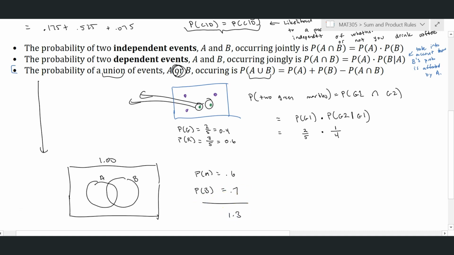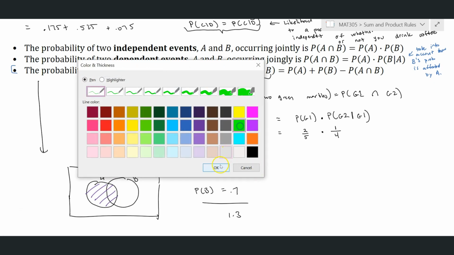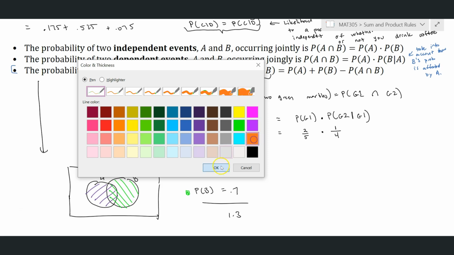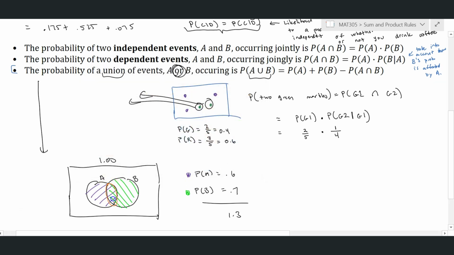That's 1.3. Well, that's because the probability of A is this entire region here, and if you notice, we've shaded an area that is also part of B. And that itself is not the problem. The problem arises now where if I add the probability of B to it, I have basically accounted for this region right here twice.